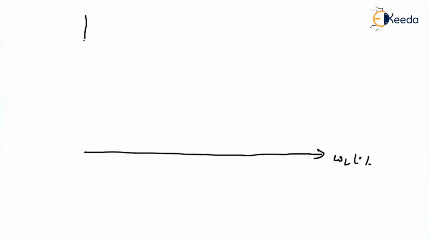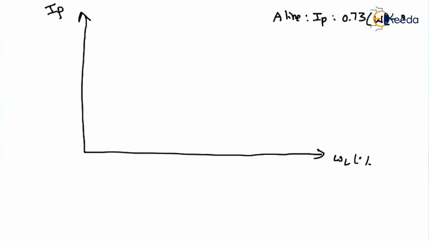On the y-axis, I am considering the plasticity index, which is IP. The A-line formula for finding IP is IP = 0.73 × (WL − 20). This is a very important formula for defining the type of the soil.